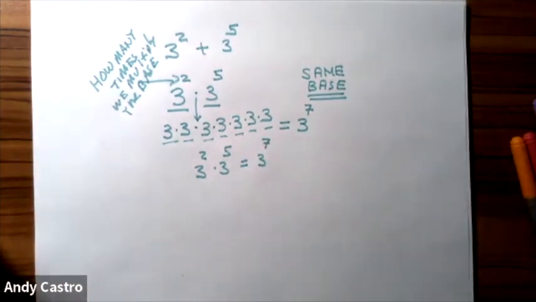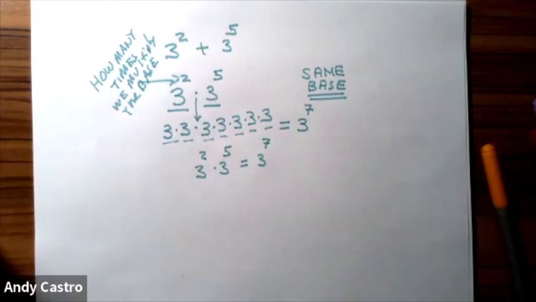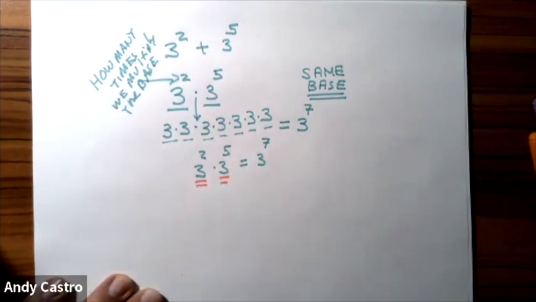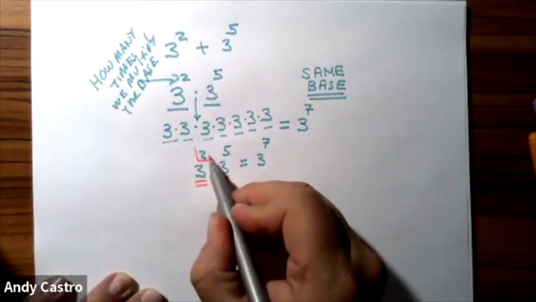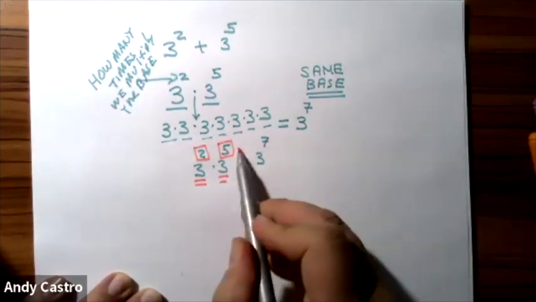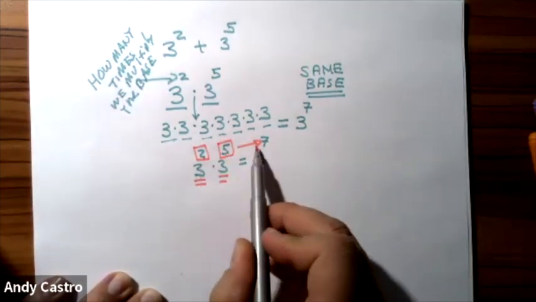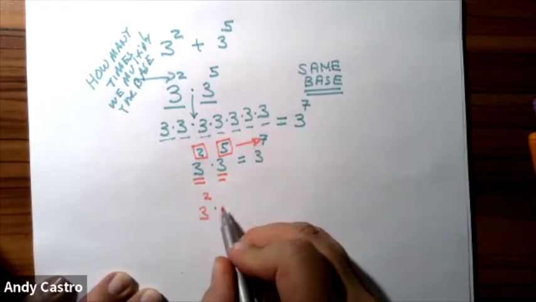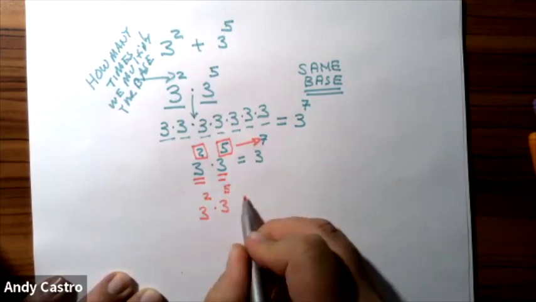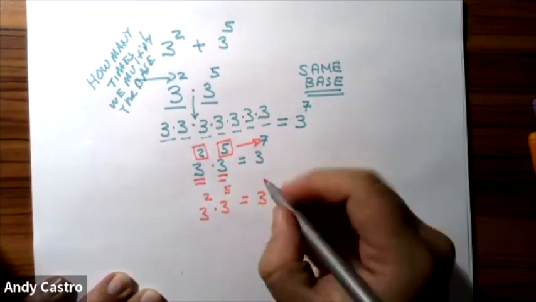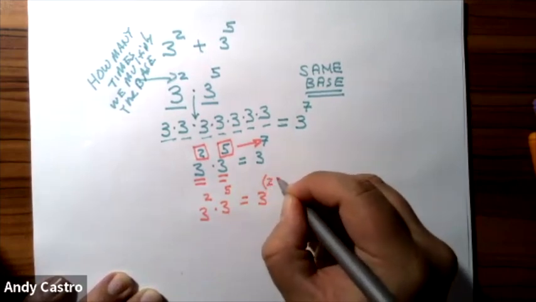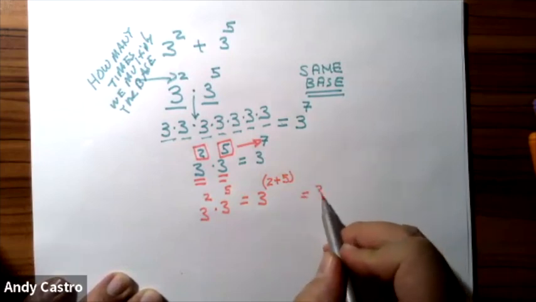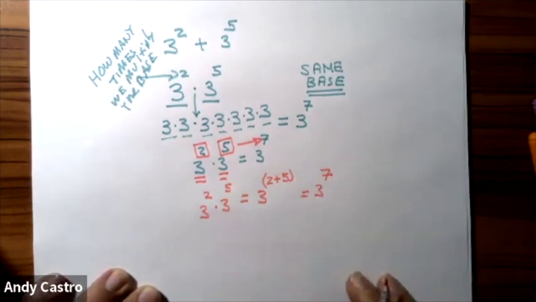Now, I worked that out to show you the first general rule: when you have the same base, you can add the exponents together. 2 plus 5 is 7. So 3 squared times 3 to the 5th is equal to 3 to the 2 plus 5, which is 3 to the 7th.